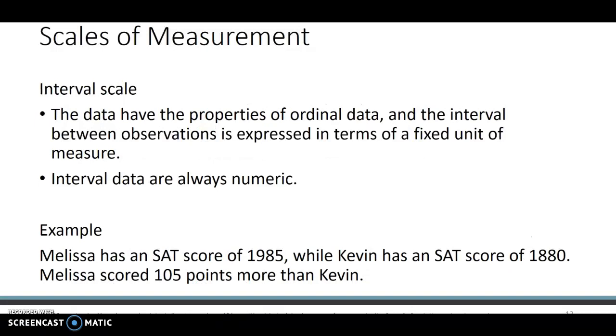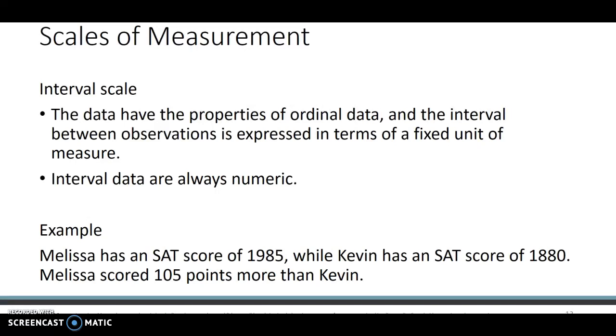Interval scale data. The data have properties of ordinal data, and the interval between observations is expressed in terms of a fixed unit of measure. Interval data are always numeric. If you look here, they're using the SAT scores of Kevin and Melissa.